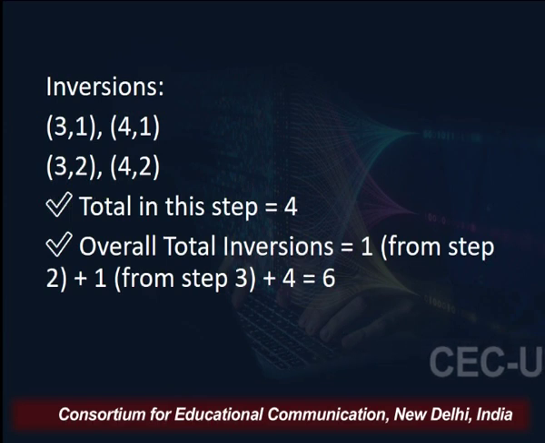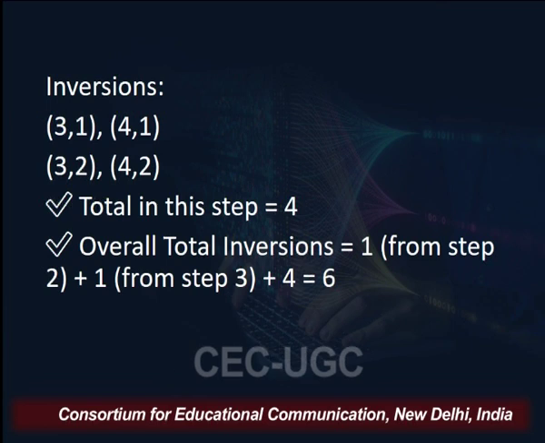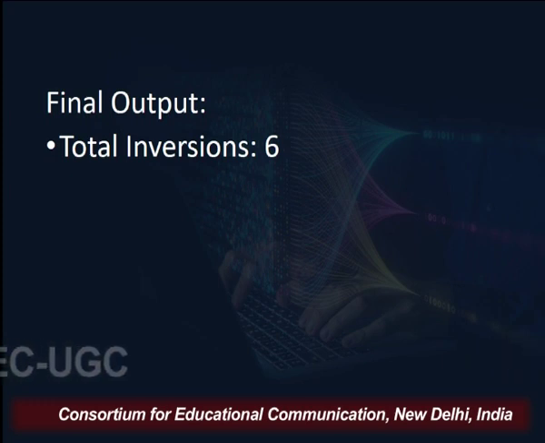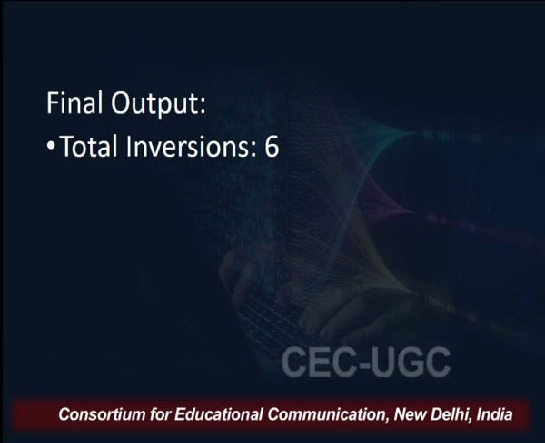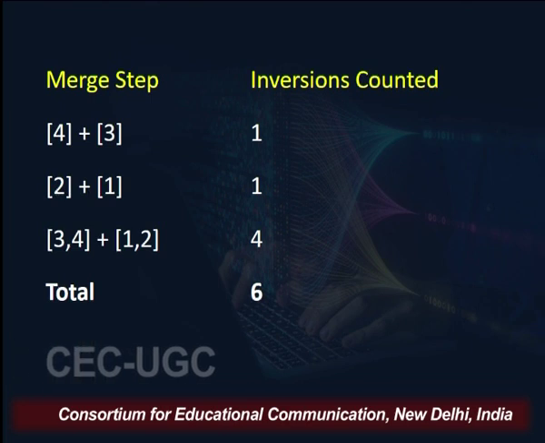That means we need to tweak or modify our merge step, or the merge function. Here in this example, the total inversions were 6. When 4 and 3 were merged, 1 inversion was counted.